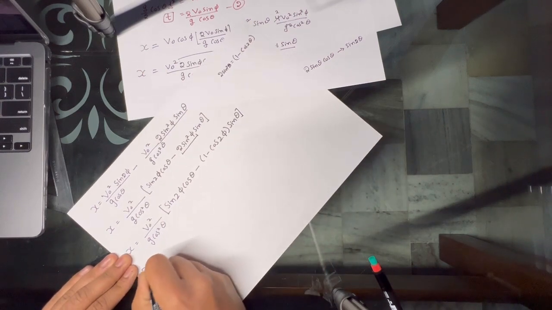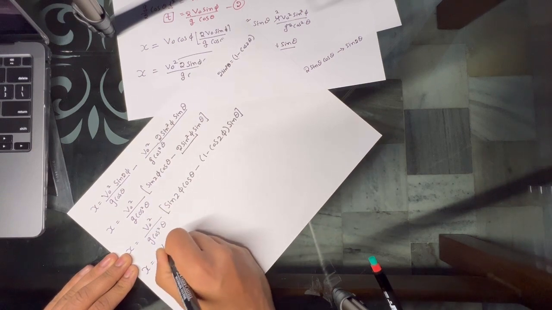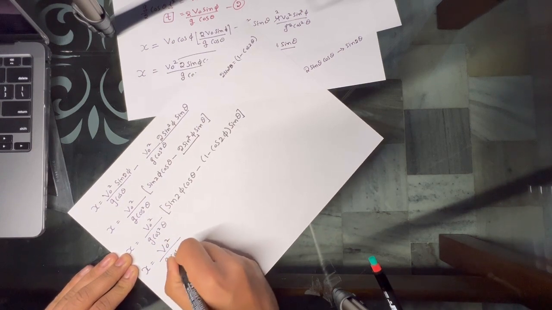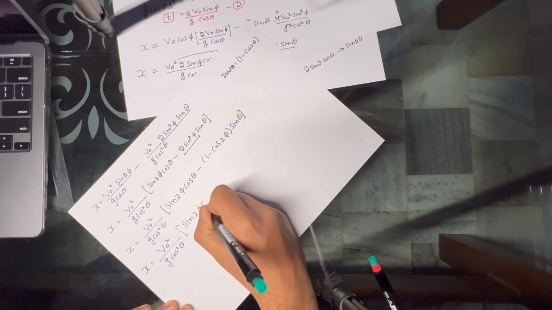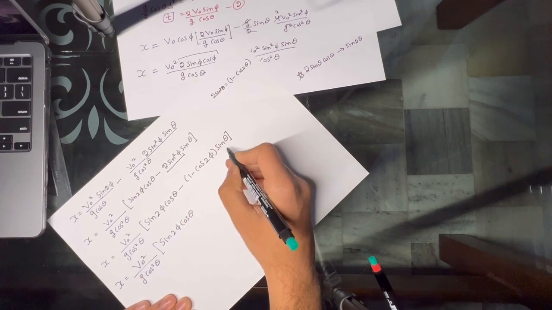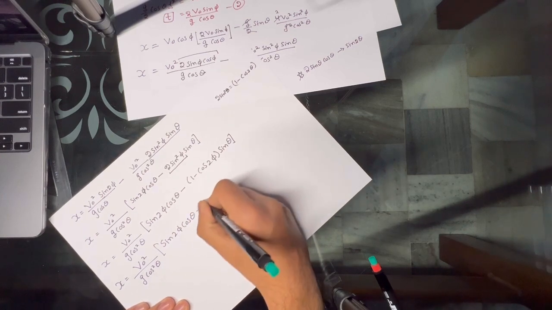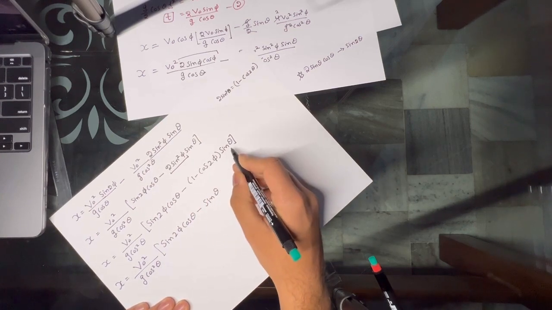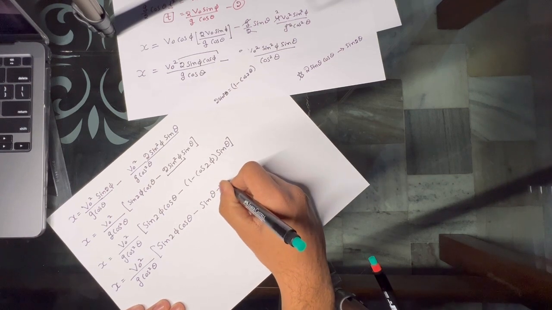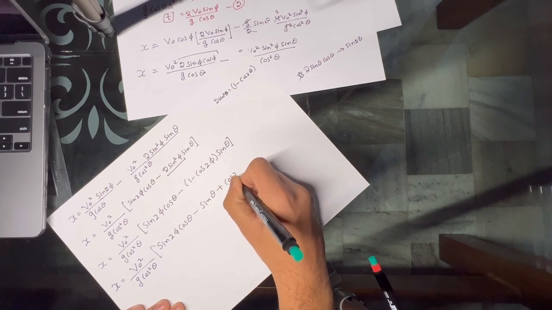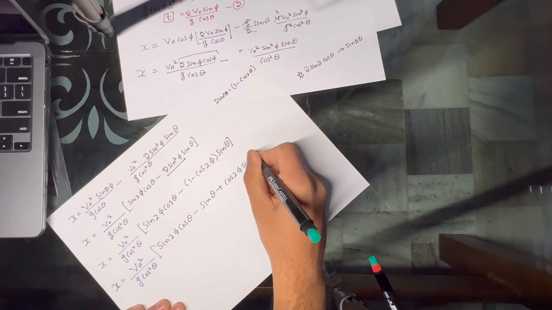We will get the same terms here, v naught square upon g cos square theta, sine 2 phi cos theta. Now here minus, sine theta, now here minus becomes plus. It will become cos 2 phi into sine theta.